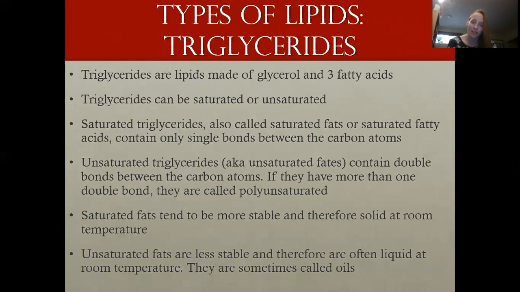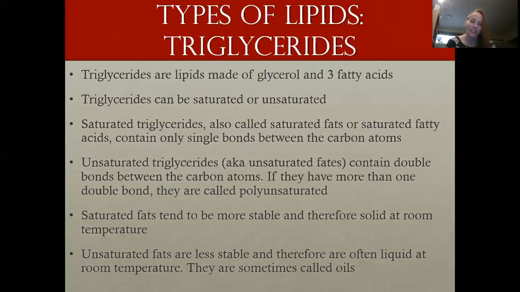So one of the types of lipids is a triglyceride. Again, like we said, it is a glycerol bonded to 3 fatty acids. Triglycerides can be either saturated or unsaturated. A saturated triglyceride, also called a saturated fat, is essentially when you only have single bonds between the carbon atoms of your triglyceride.